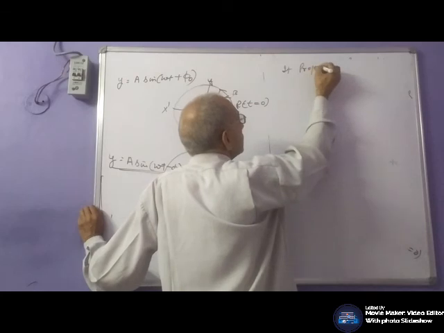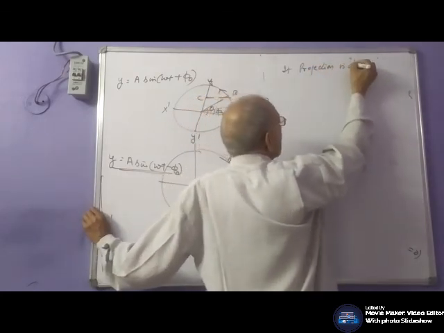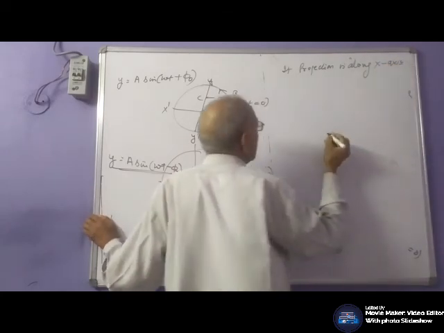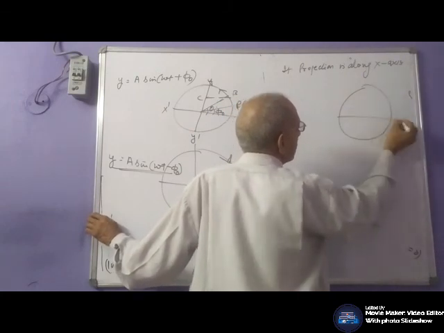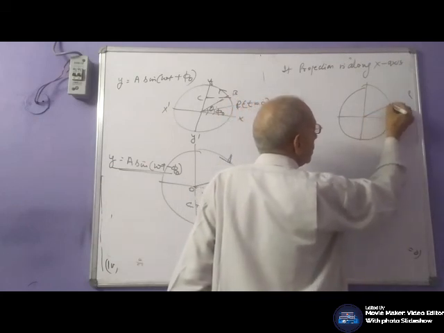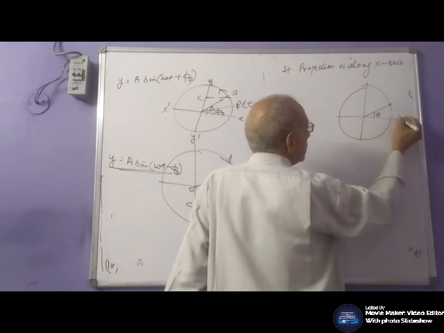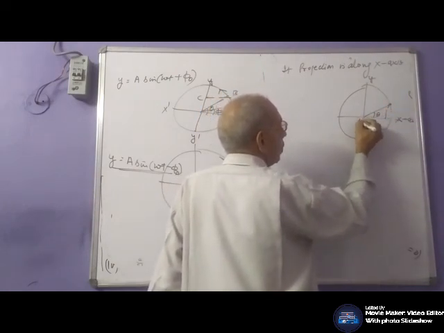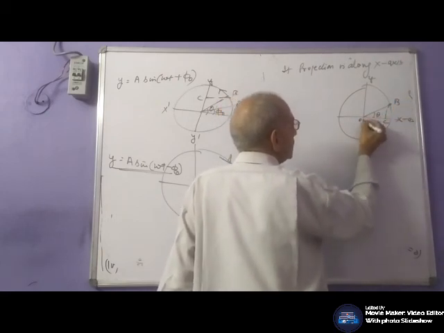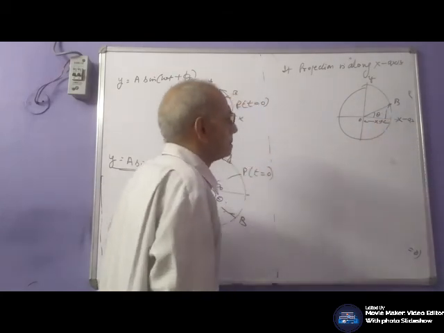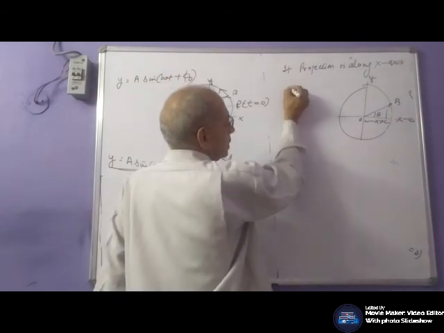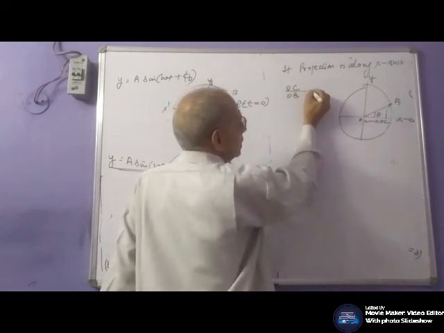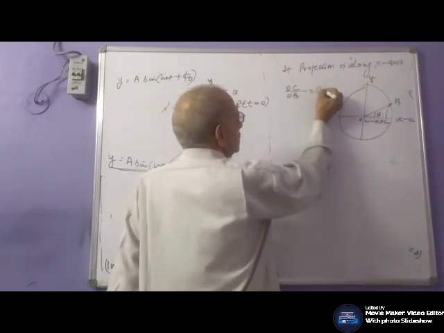A projection is along the x-axis. O, B, C, it is X. Then X, OC by OB, it is cos theta.